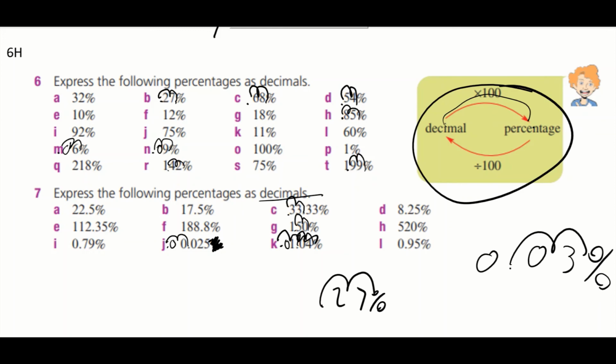Now you do keep the digits the same. Like if I had 0.33221, you move it two places, so it's 33.221%. So when you turn into a percentage, you need to add the percentage sign. When you turn from a percentage to a decimal, you need to take away the percentage sign. That's a reminder.